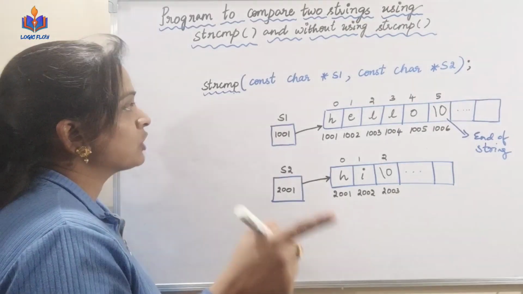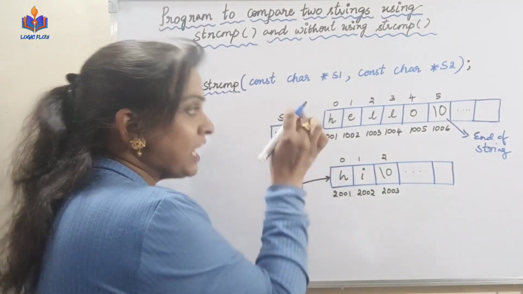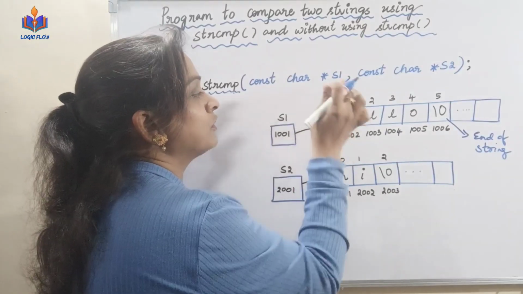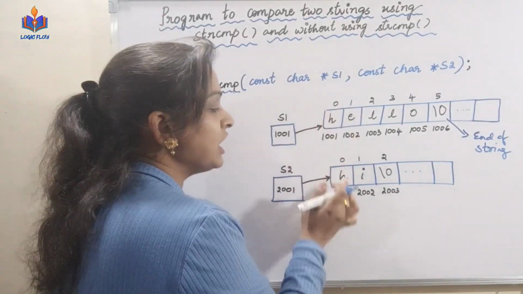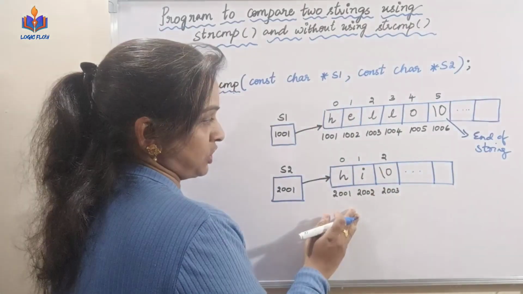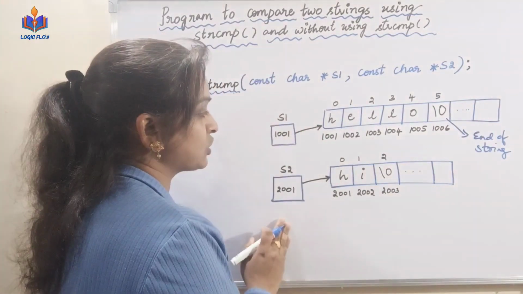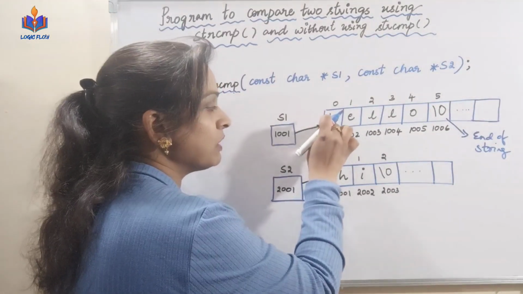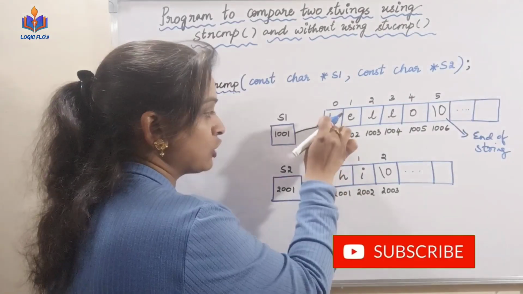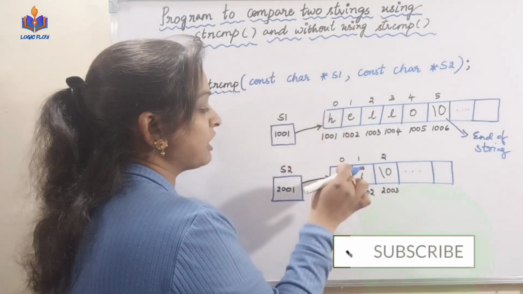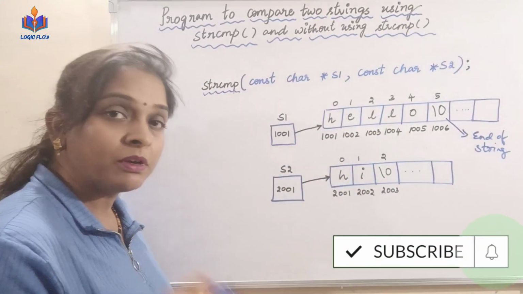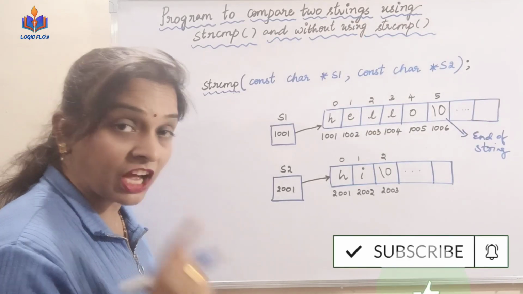Now how is this string compare going to work? String compare is going to compare each and every character of the first string with each and every character of the second string. This is the first string S1, second string S2. So H will be compared with H. H of S1 will be compared with H of S2. But how is it going to compare? That we should know.